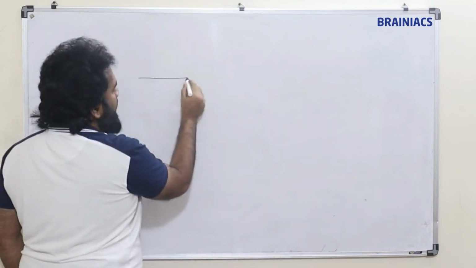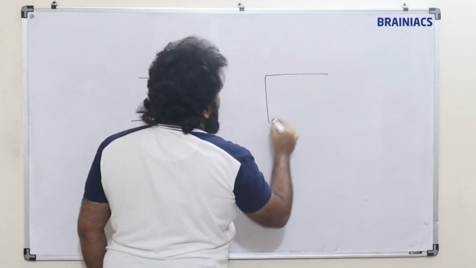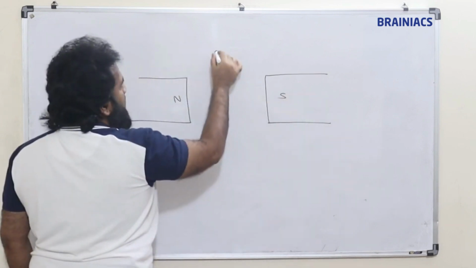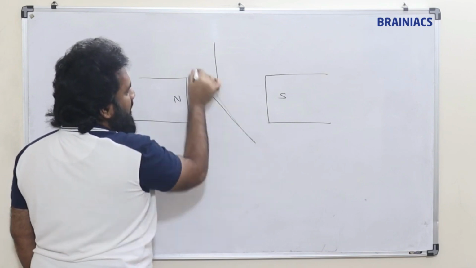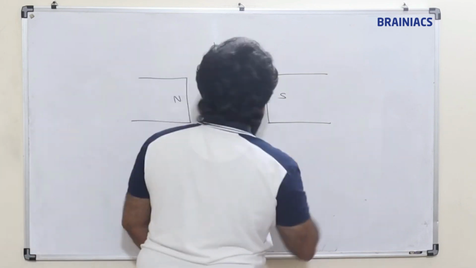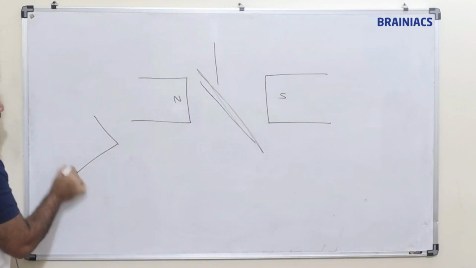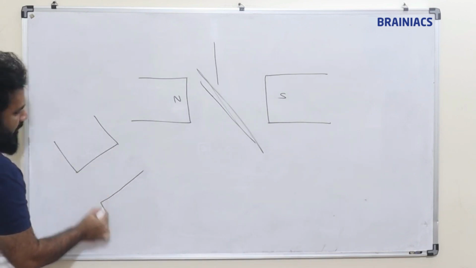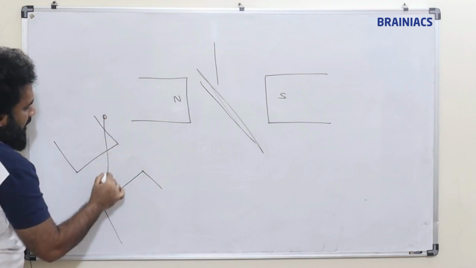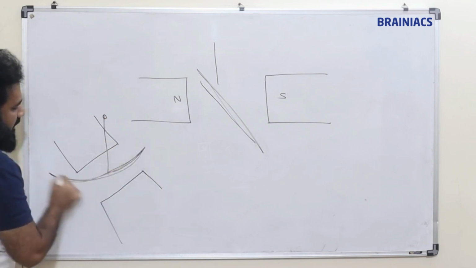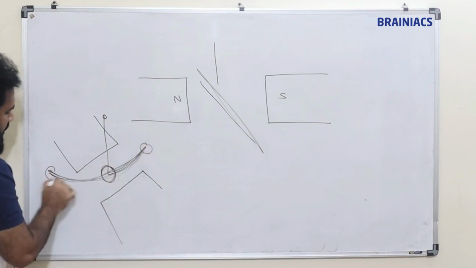Suppose we keep the north pole of a magnet here and this is the south pole, and suppose there is a pendulum swinging inside and outside like this.